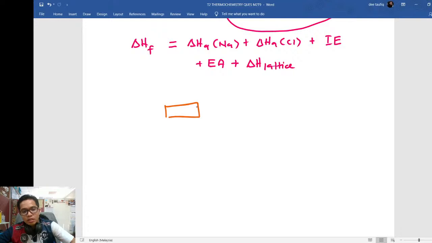Kat sini saya start, dia pergi ke sini, kat sini saya stop. So this is delta HF. Kemudian dekat sini saya ada delta HA atomization. And then saya akan dapat IE.